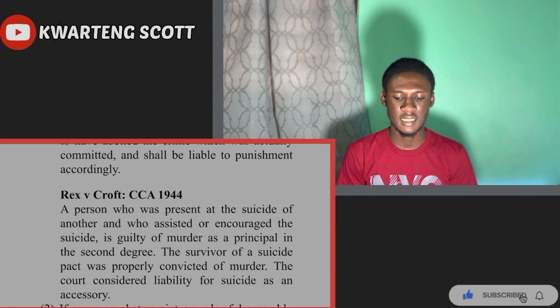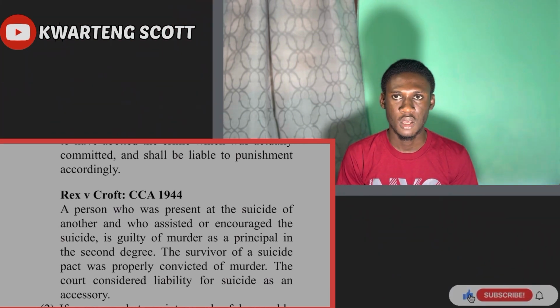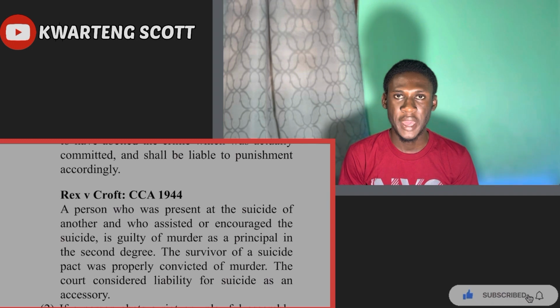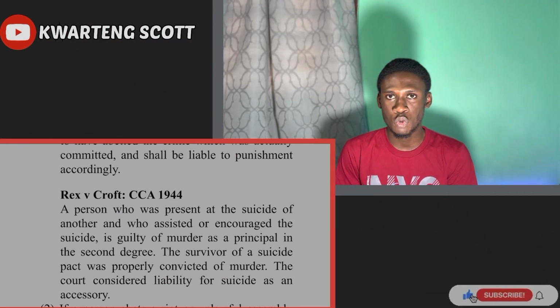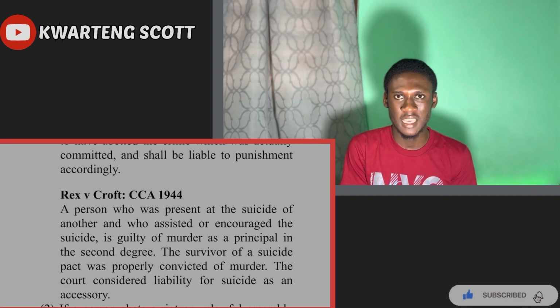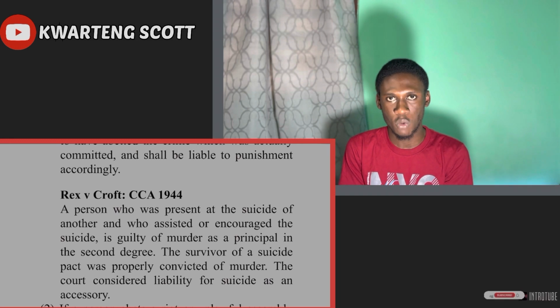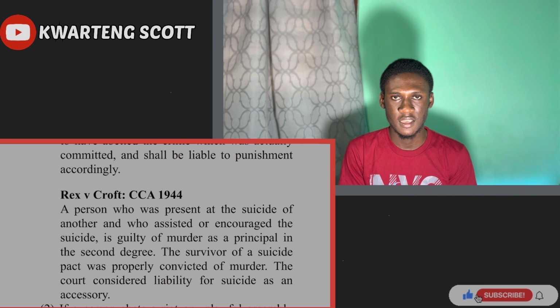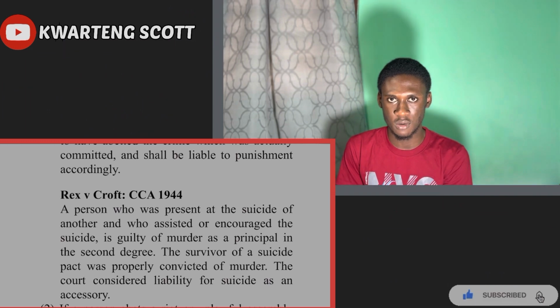The court decided liability for suicide as an accessory. So in this case, you help the person knowing that if the person is to hang himself, he's going to die. So the action is equivalent to the probable consequence, and you will be charged with the consequence that will happen.